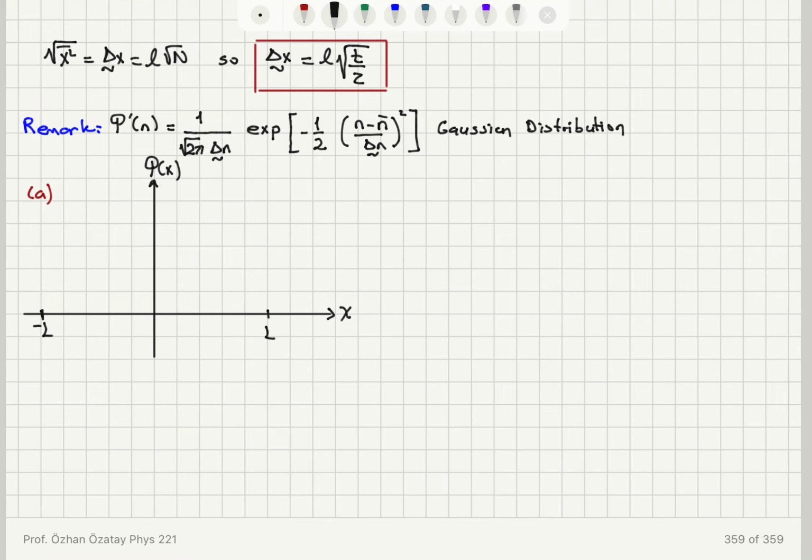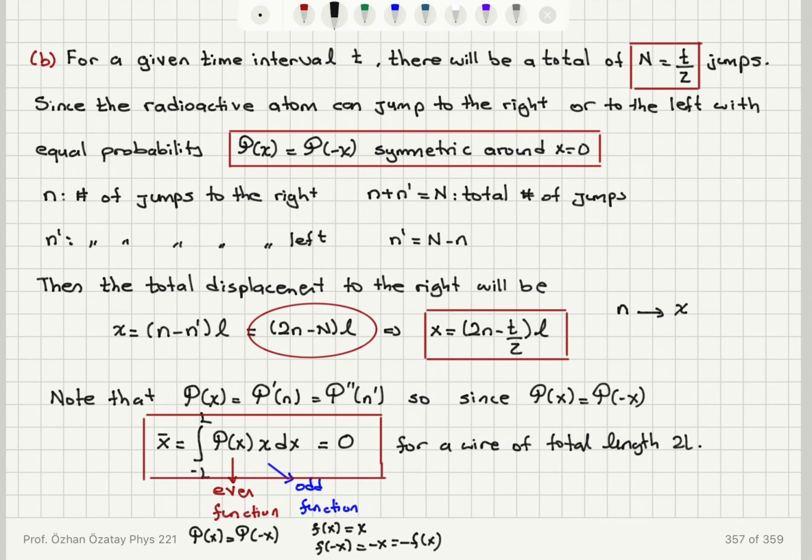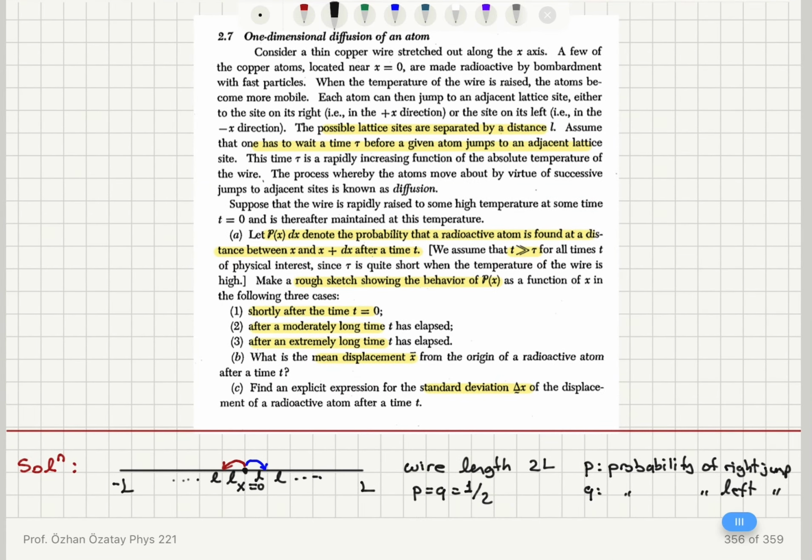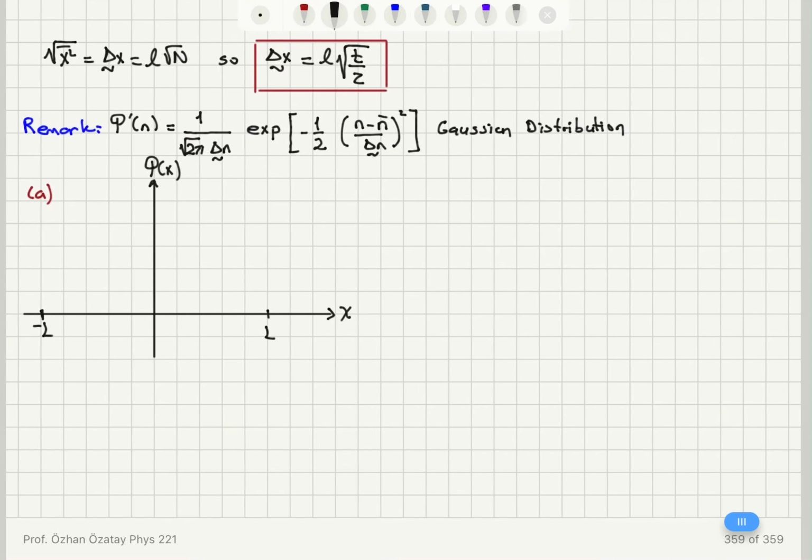So at t equal to 0, I'm going to have almost no distribution. So shortly after the time t equals 0, that's part 1, I'm going to get a very sharp function here which is symmetric around x equals 0. So I'm going to get a Gaussian distribution which is symmetric around x equals 0.